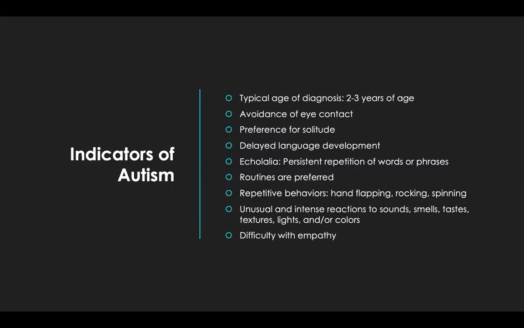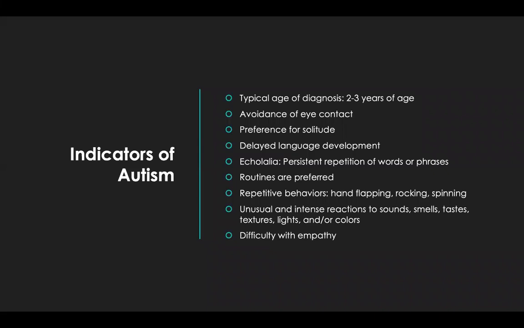So typically the 2 to 3 year age diagnosis timeline is for males, and it can be a little bit more difficult for providers to diagnose a female with autism, just because they might not have those same indicators or indicate as strongly as males.